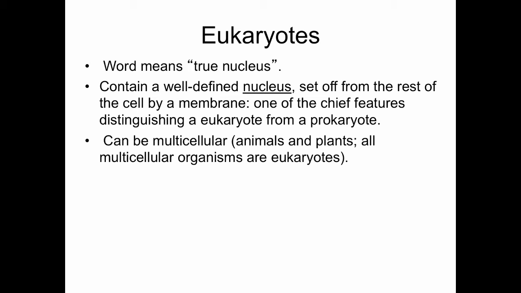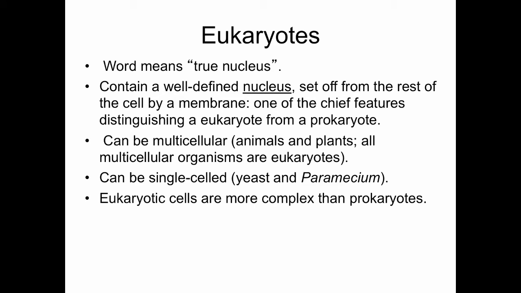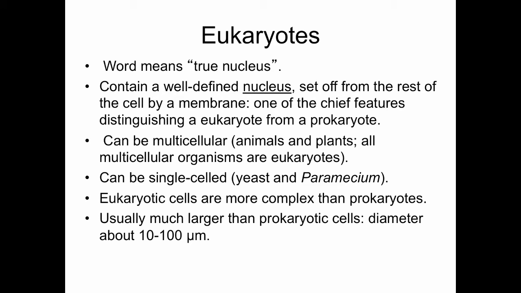Any multicellular organism is a eukaryotic organism. Eukaryotes can also be single-celled. So yeast and paramecium are single-celled eukaryotic organisms. Eukaryotic cells are more complex than prokaryotic cells, and they're also usually much larger than prokaryotic cells. So they range from 10 to 100 micrometers in size.